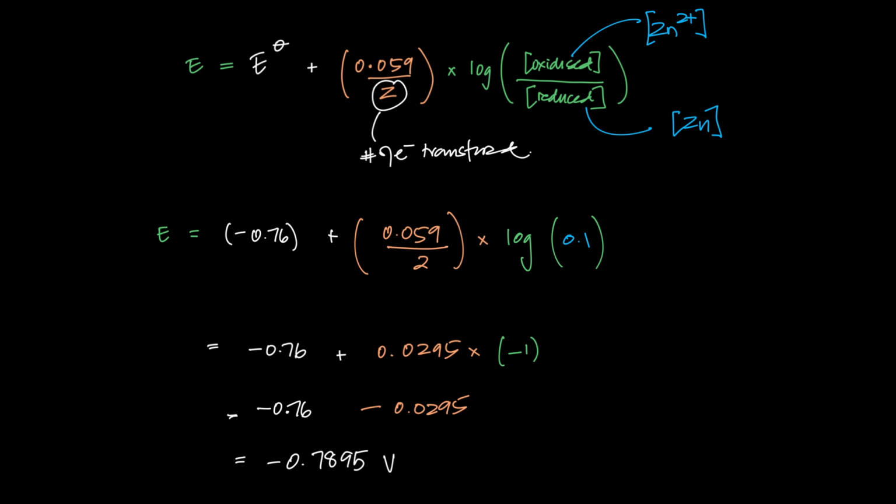And that's the new value, which by the way you must realize is more negative than E naught, which is minus 0.76. So that's how you actually calculate. And what we just did is called the Nernst equation. And it cannot just be applied to a metal half cell. It could be applied to any half cell, and you'd get the answers.